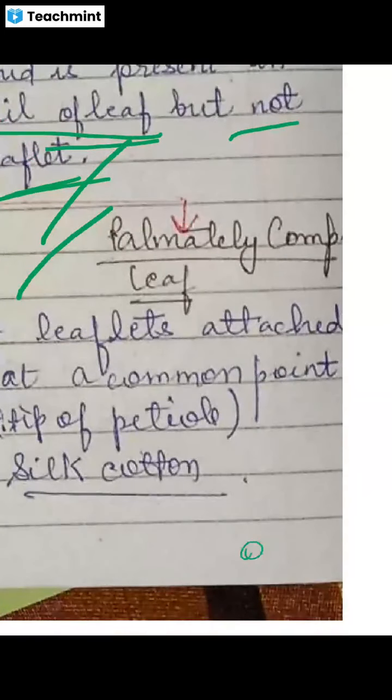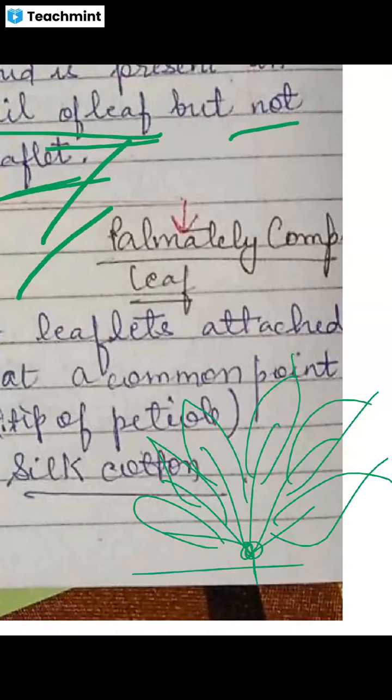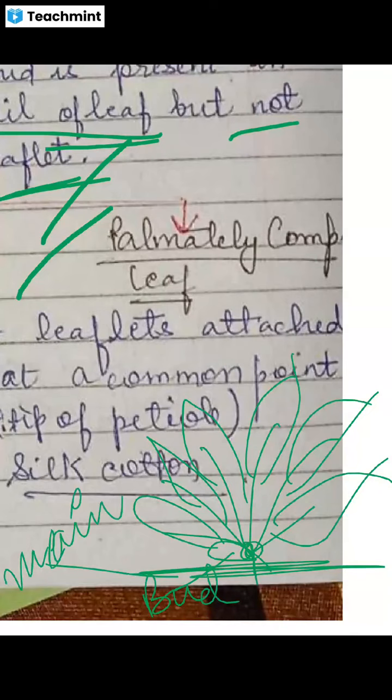Means a common axis will be there, and from this common axis arises a number of leaflets like this. And this will be the stem, and here will be the bud, and this will be the main stem.